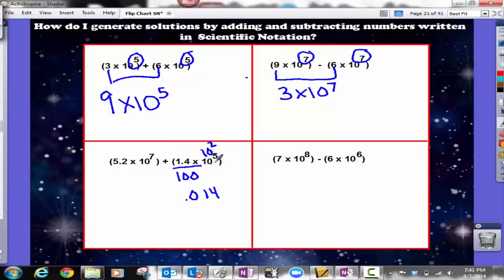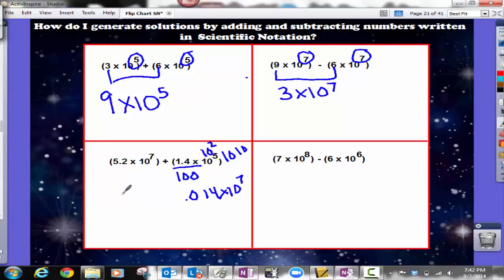Again, there's 2 spots there. So essentially that's like, okay, I got to do 10 and 10. And that's where I get my 10 squared from, which gives me 100. Just simply divide your factor by 100, get 0.014 times 10 to the 7th power.